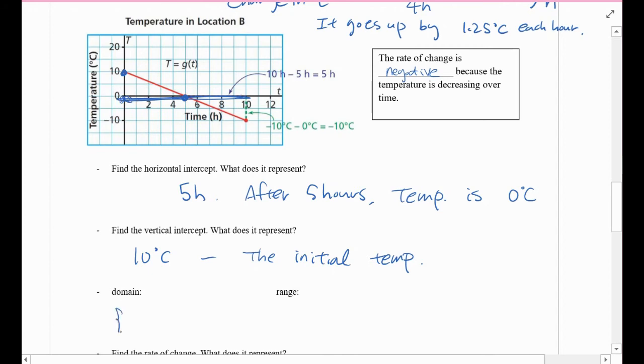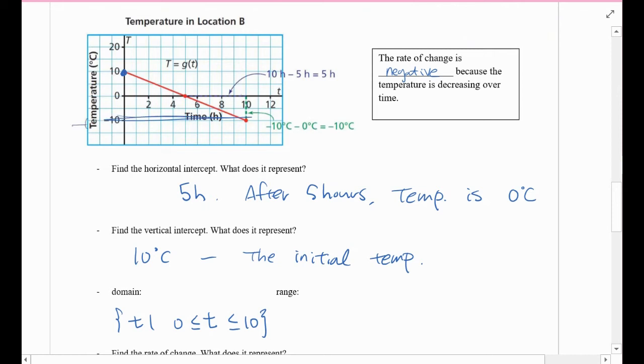So here we say {T | 0 ≤ T ≤ 10}. And the range, the minimum value is -10, maximum is 10, from -10 to 10. Also you say {T | -10 < T ≤ 10}. Okay?